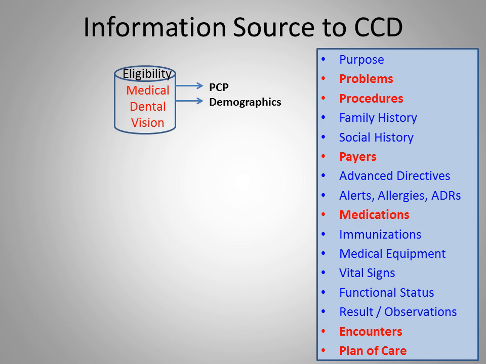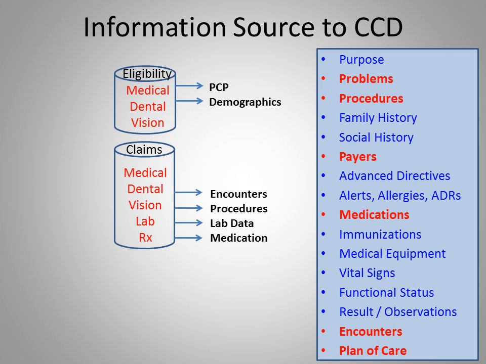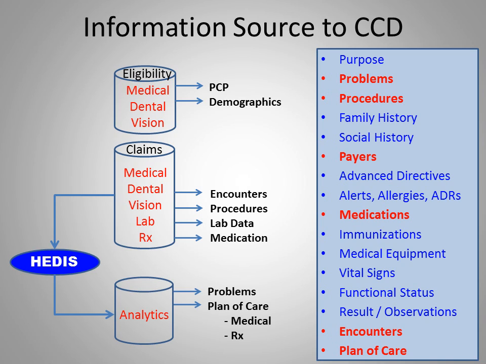PCP and demographics are pulled from eligibility data source and reported in the CCD header. Encounters, procedures, and medication are pulled from claims data. An NCQA HEDIS measure process runs analytics on claims data and builds the data source for problems and gaps in care.